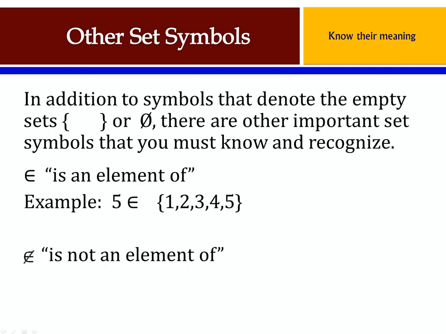Then there's is not an element of. And this is the same symbol for is an element of, however, there's a slash through the E, meaning it is not an element of. And the example here is 5 is not an element of the set 1, 2, 3, 4. So this is the basic information you need to have a fundamental understanding of sets.